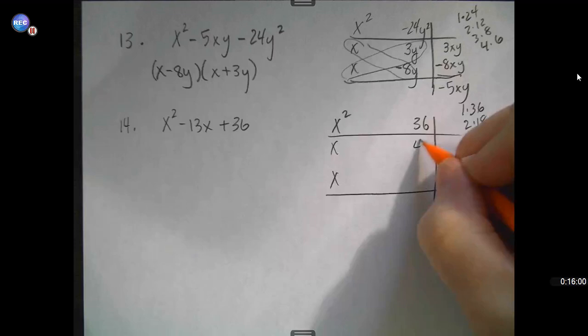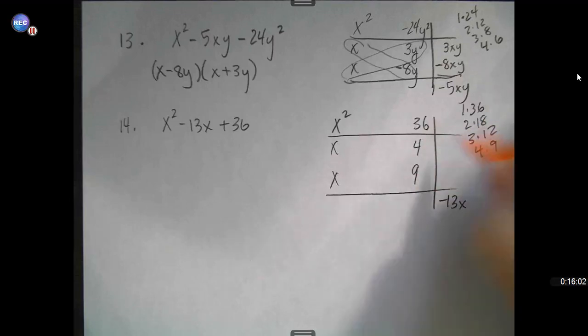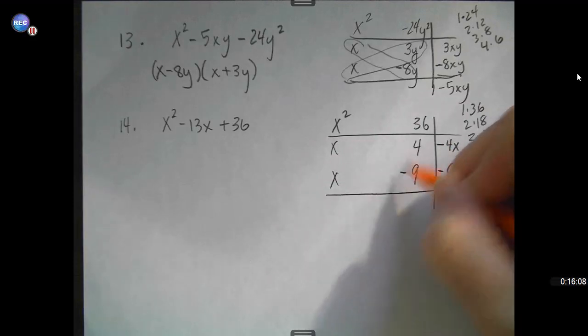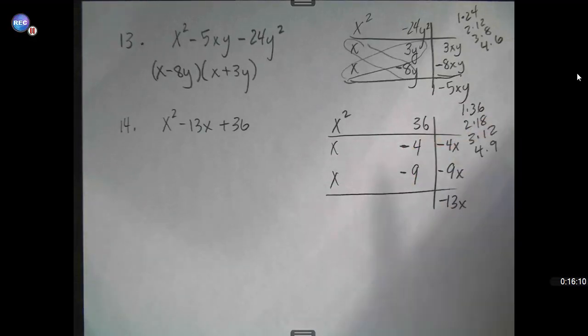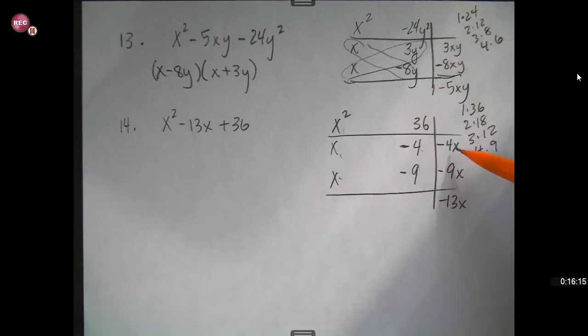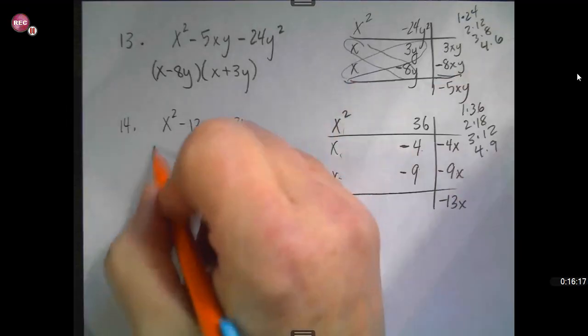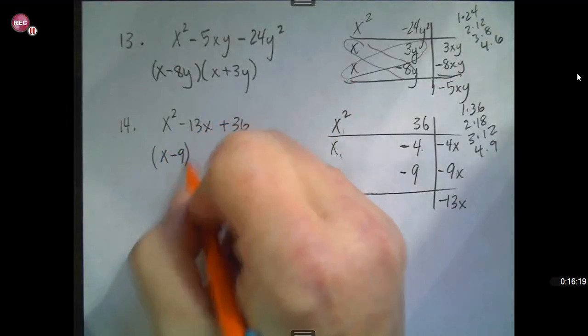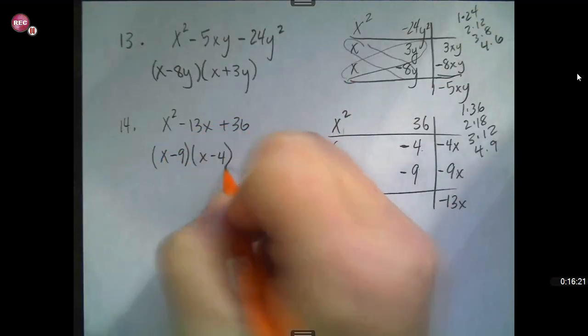And it looks like 4 and 9 are going to be the winners. So 4x and 9x, I need them both negative to work, which means I need both of these negative to work. So that checks, and that checks. We have the quantity x minus 9 times the quantity x minus 4.